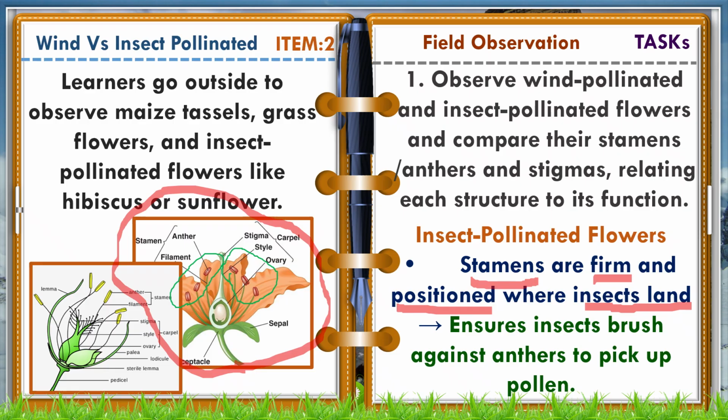And what is the purpose of that distribution? They are distributed in such a way as to ensure insects brush against anthers and pick up the pollen.